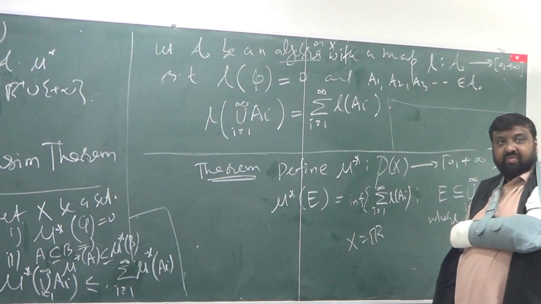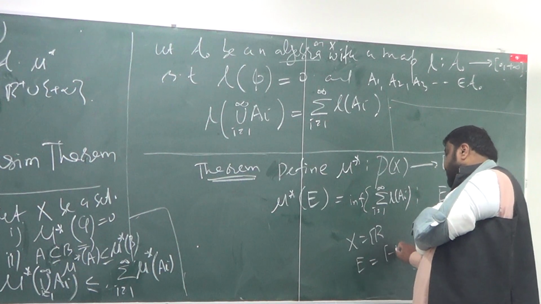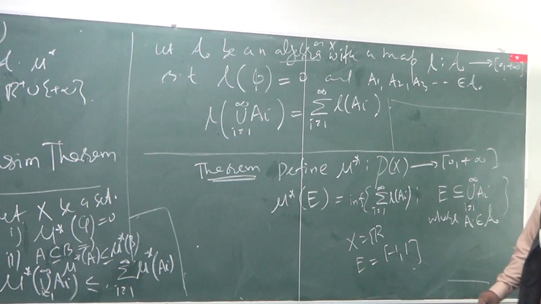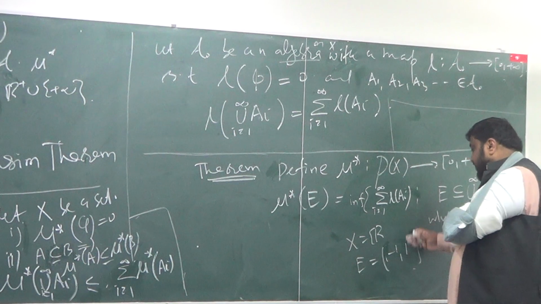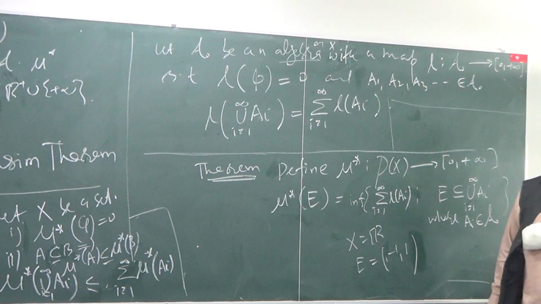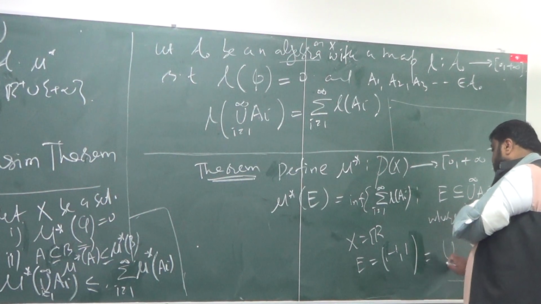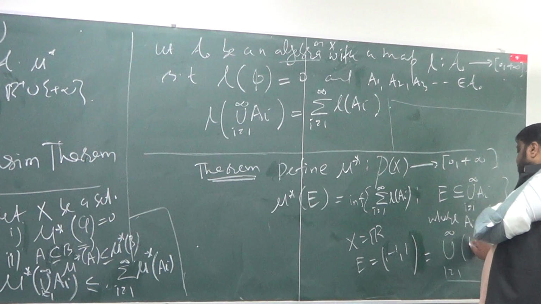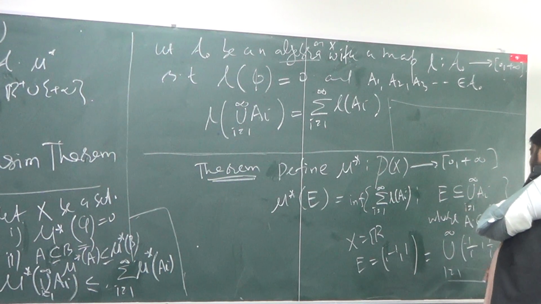E is equal to -1 to 1. Let's take E equal to -1 to 1, closed, including or excluding? Open. Okay, open. And we can write it as a union of -1 over n to 1 over n, where n belongs to the natural numbers, i equal to 1 to infinity, -1 over i to 1 over i.